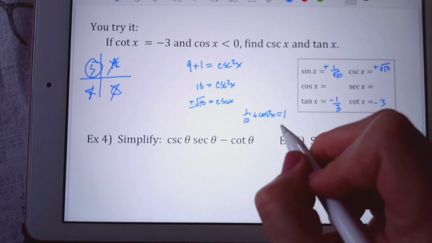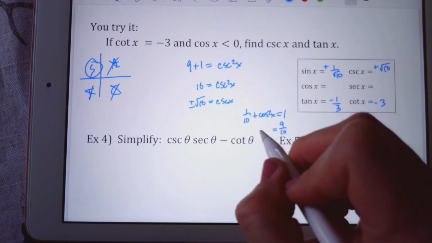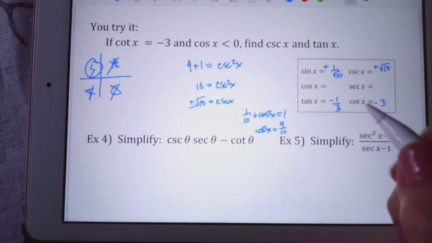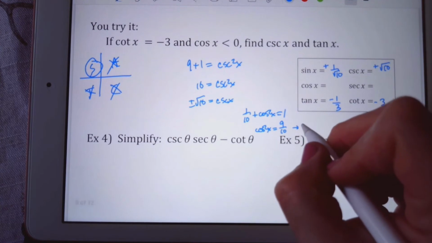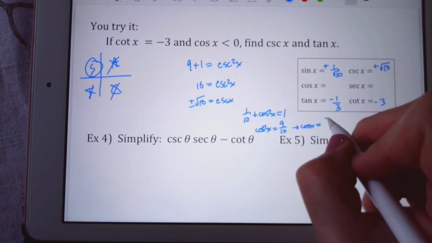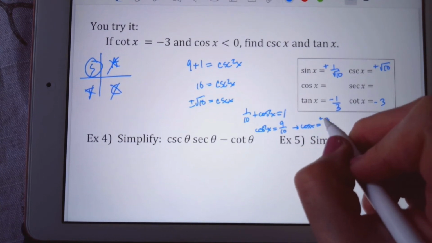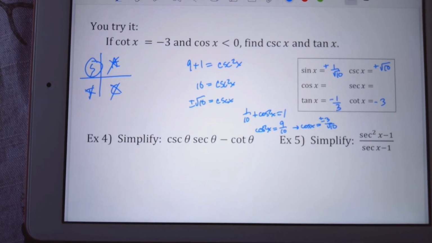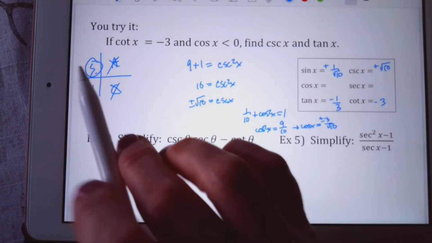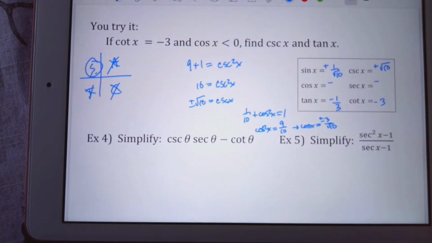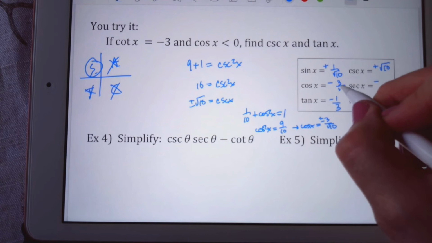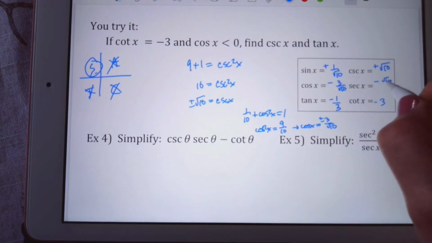So 1 minus 1/10 would be 9/10. So the square root of that, the cosine, would be 3 over radical 10 plus or minus. And I know that cosine is less than 0 here, so these are both negative, and so 3 over radical 10, and this one's radical 10 over 3.